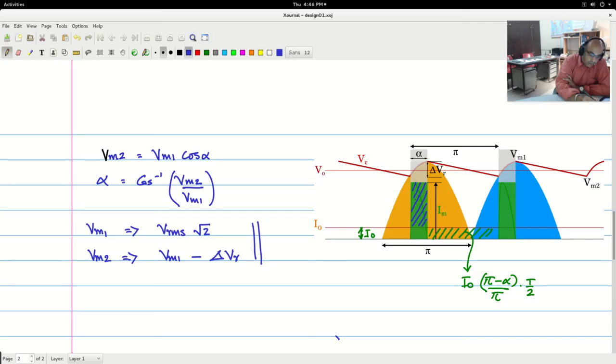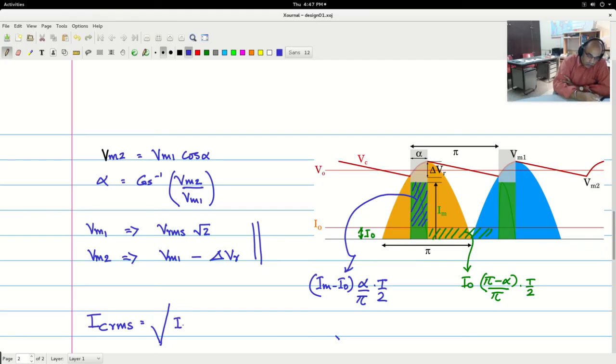And this area, of course, is (Im minus I0) alpha by pi into T by 2. So this T by 2 is added so that this is the charge and this is the charge. So if you remove the T by 2, just to find out the RMS value of the current, so I C RMS is root mean square.